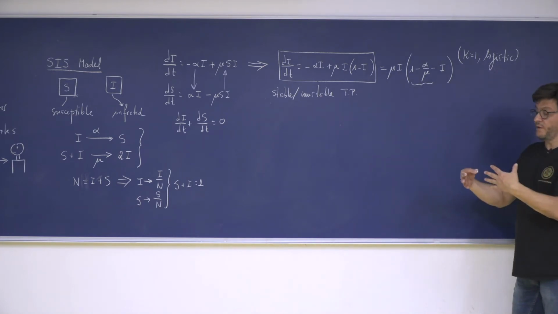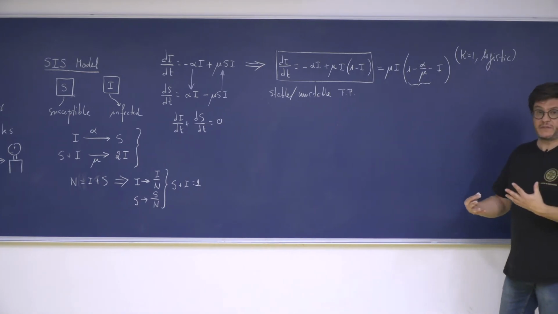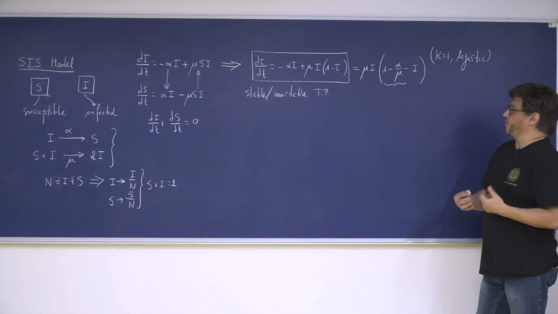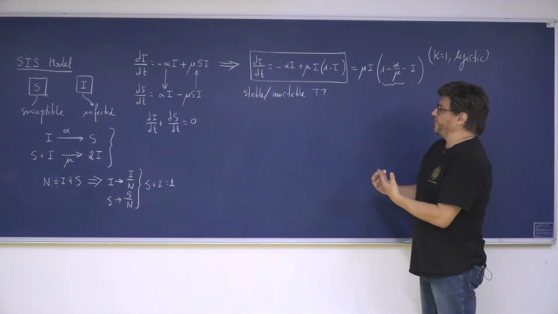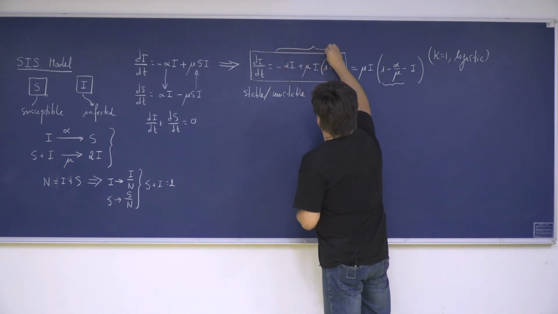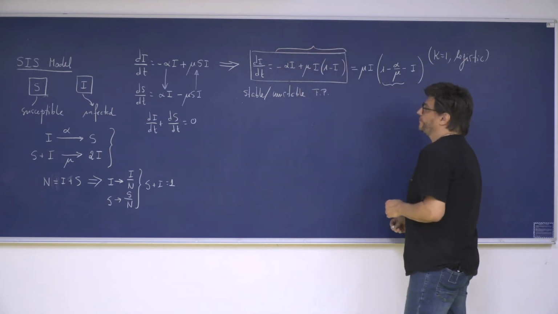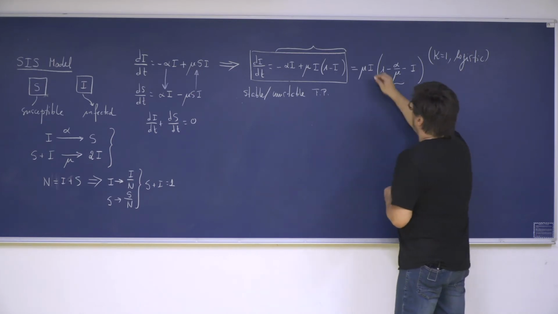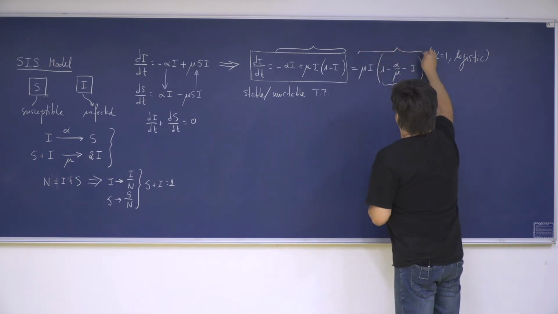I'm not going to go into all the details. That's something for you as an exercise, okay? But look, how do we find the fixed point? We just need to take this function here equal to 0, right? That's the condition for stability, or this one here, more easy, right?